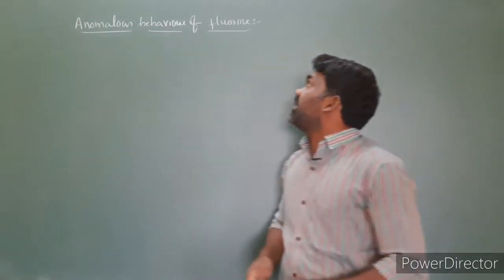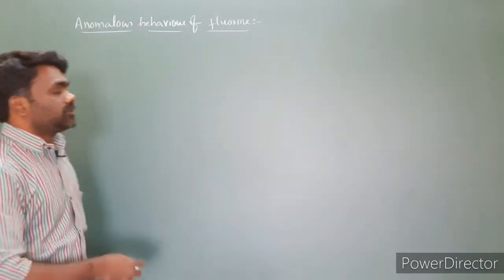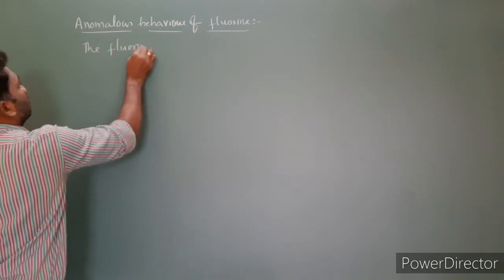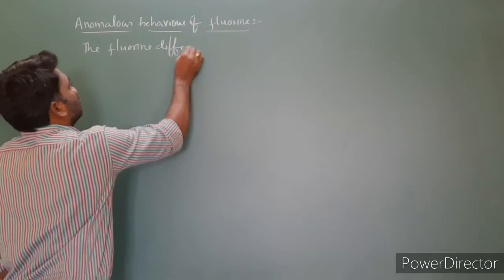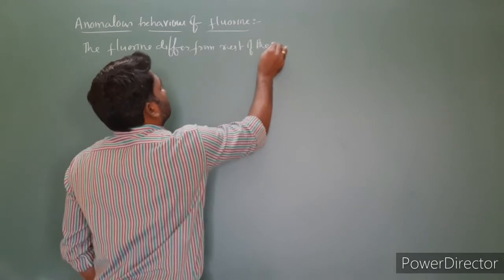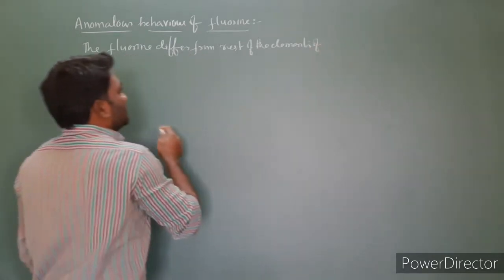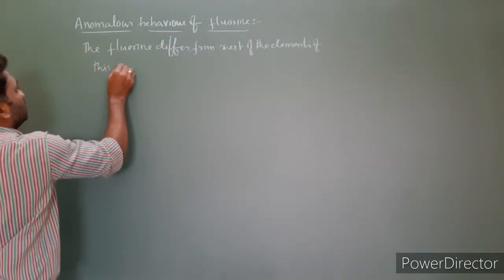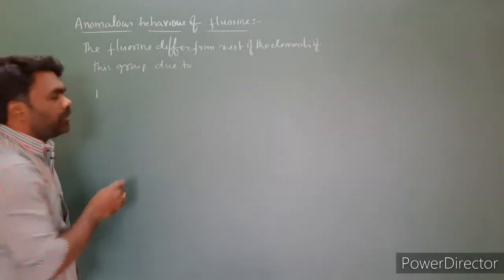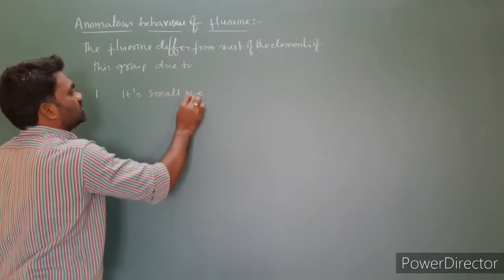Next, anomalous behavior of fluorine. Fluorine differs from the rest of the elements of this group due to, first reason, its small size.